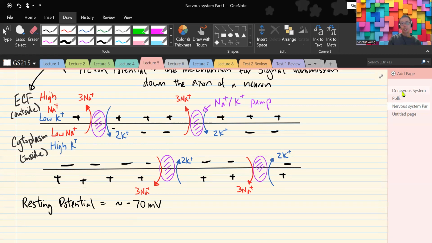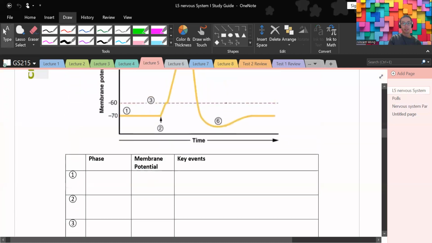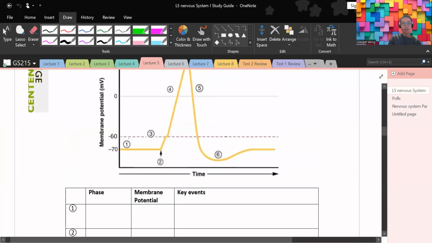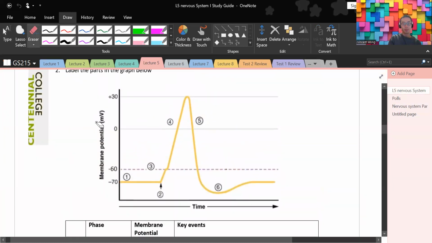Now, if we go back to our study guide, that's what we're at. On the y-axis, we have the membrane potential measured in millivolts, and on the x-axis, we have time. Volt is a measurement of electrical potential. If you think about a AA battery and look at the voltage, it's 1.5 volts.